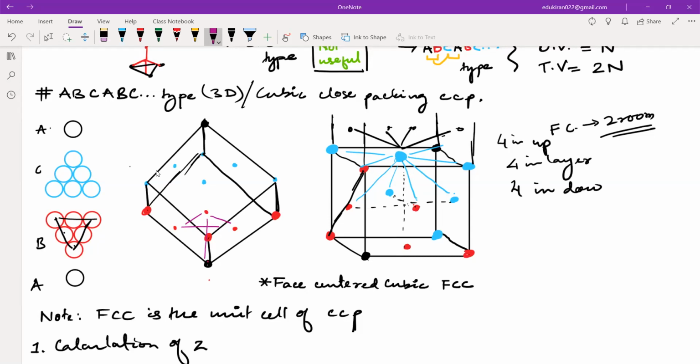We have a tetrahedral void. These are the 3 atoms, and then we have this black atom here, and this is the tetrahedral void that we are making. Similarly, we have these 3, and there is one here. Then these 3, and there is one here, and then you have these 3.